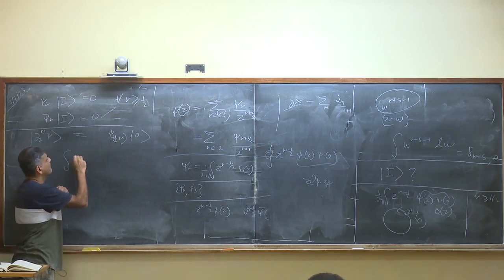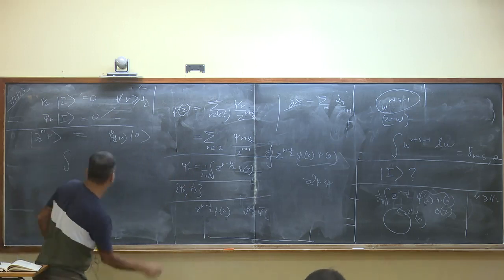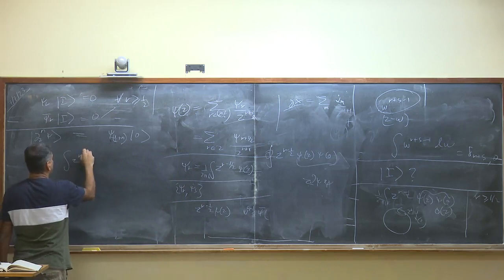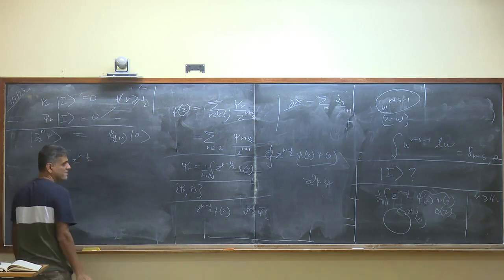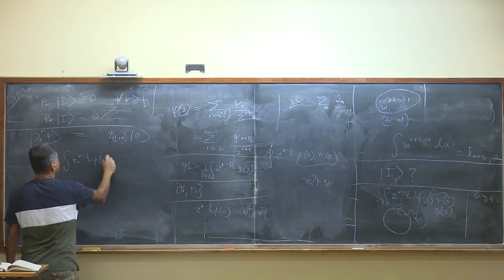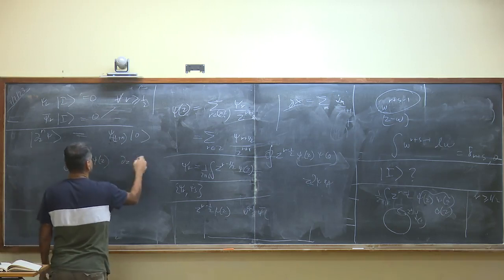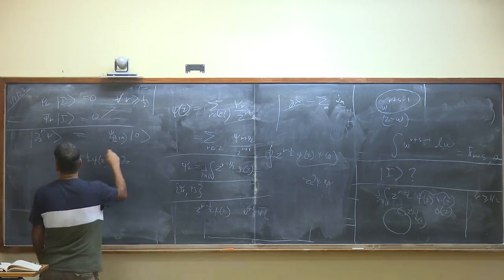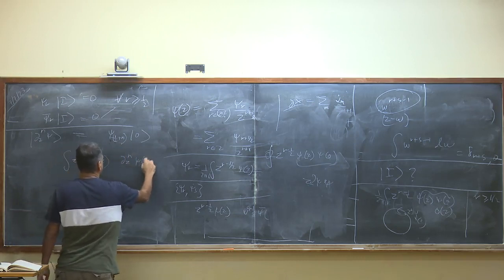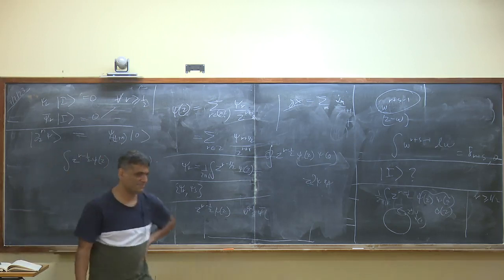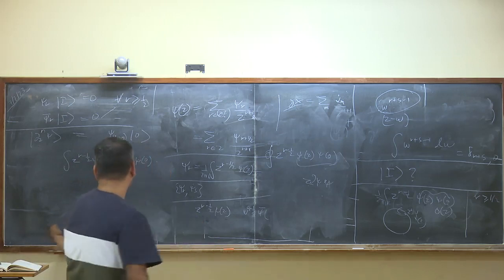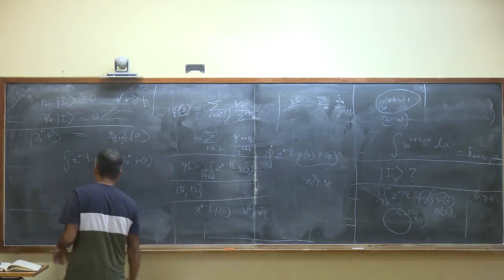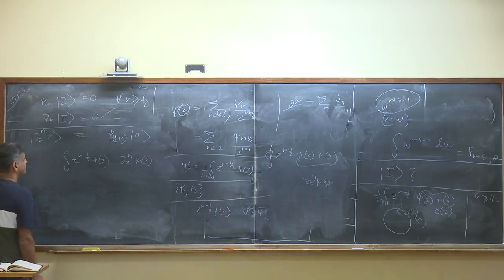So we have z to the power r minus half psi of z, and then del z to the power n of psi of 0. Great.